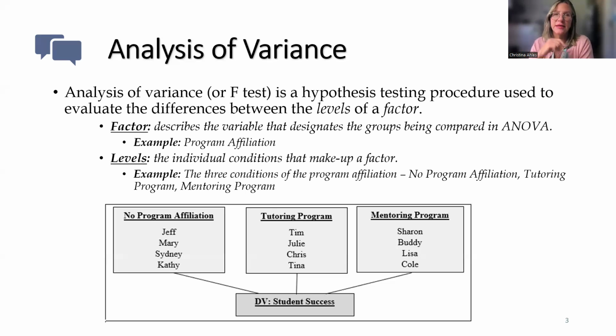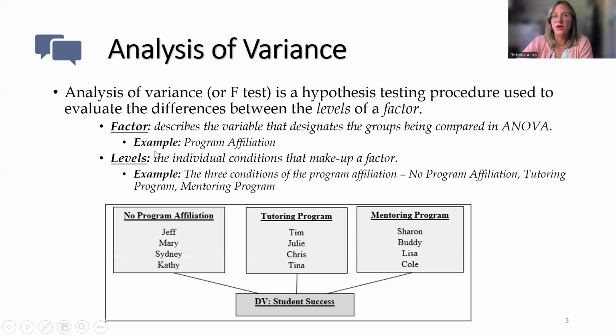If you look at this, the factor is program affiliation. Technically, there's only one quasi-independent variable, and that's which program affiliation there is. You could actually have two factors, for example, program affiliation related to gender. We're not looking at that in this one, but that's why factor is there: you could have more than one independent variable or more than one factor.